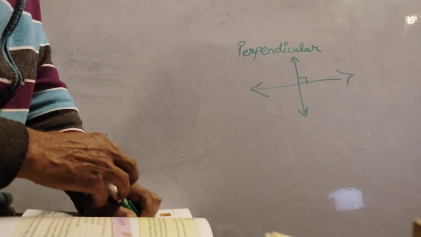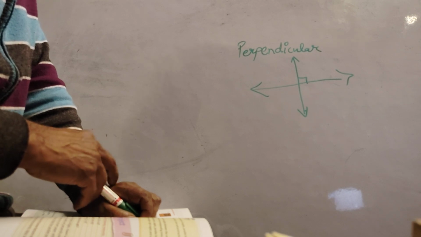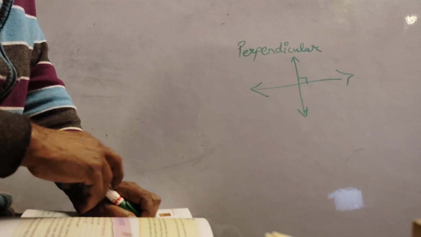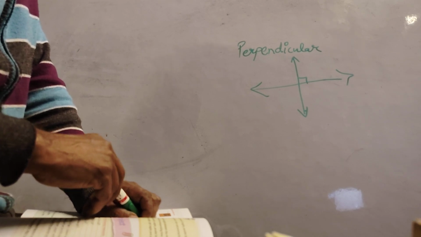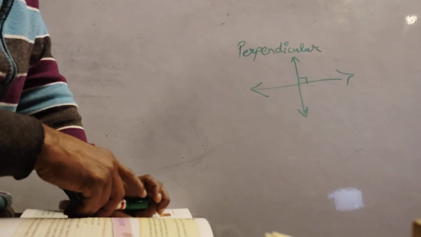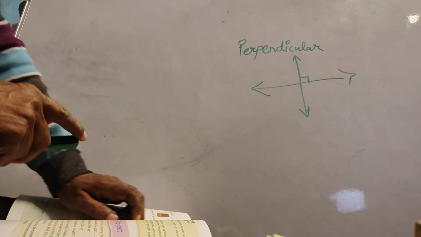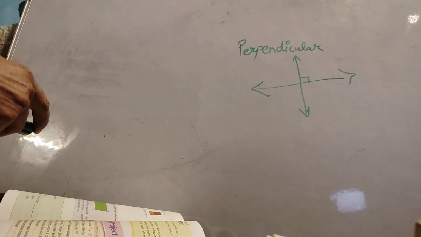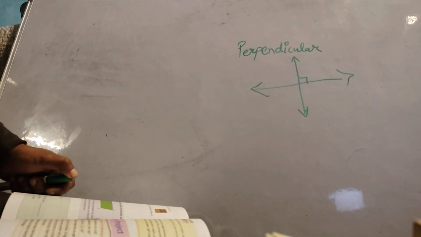Another name for a 90-degree angle is perpendicular. Two lines that intersect at a right angle form perpendicular lines. So whenever we cross the road or highway, we cross perpendicular to the road, walking on the zebra line.